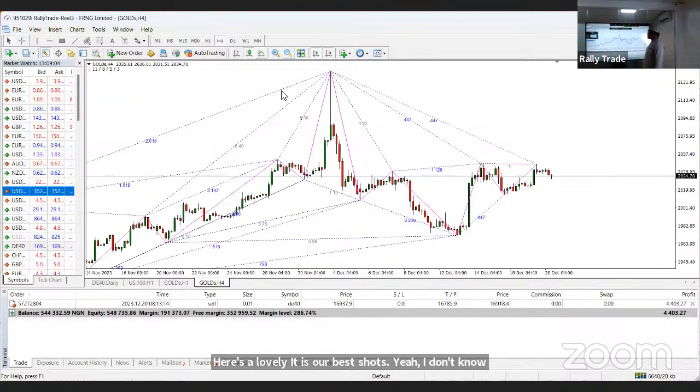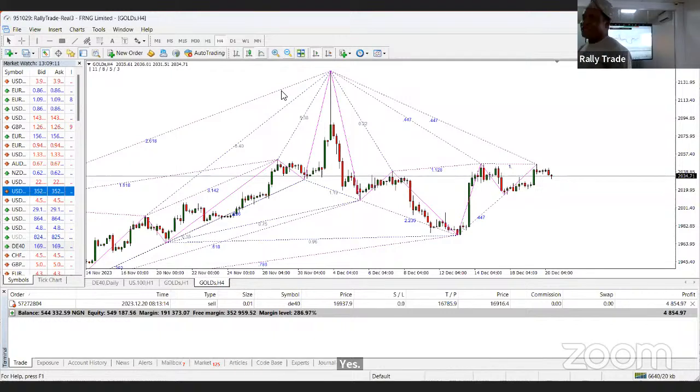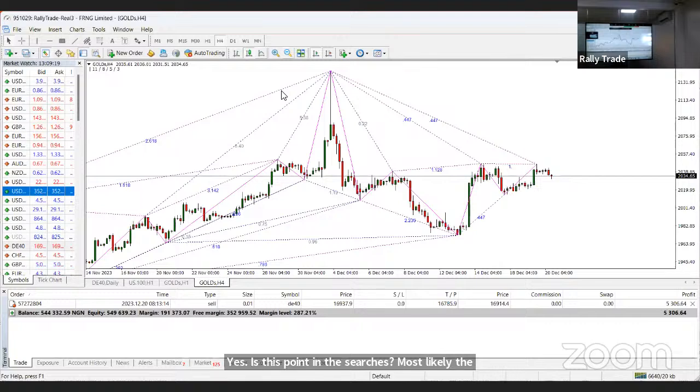But I think everything here is still pointing to sell. Everything on this particular screen is still pointing to a sell trade. Most likely the price will still go down for this one. That's for gold though.